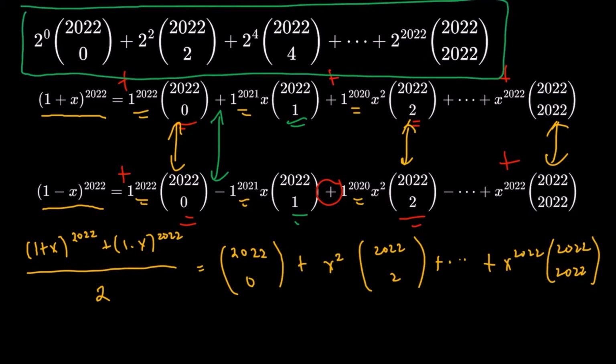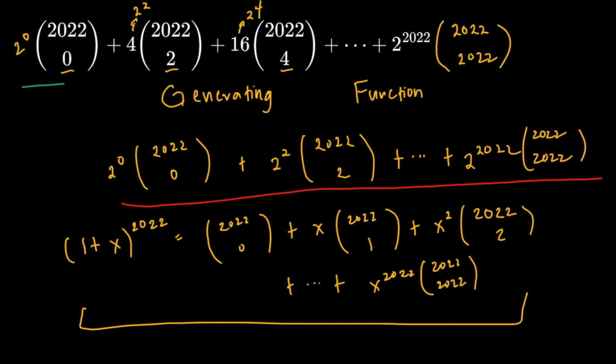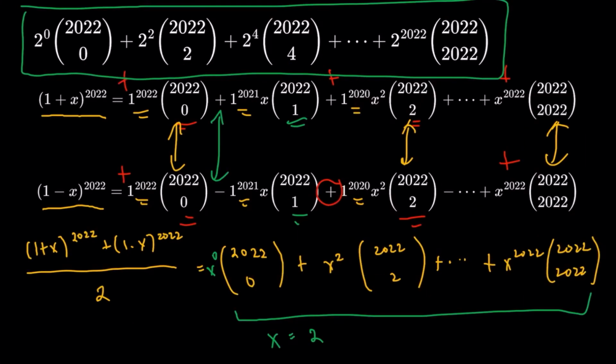We just altered it to have a pattern here. And compare this one with this. Essentially, I could just add an x raised to 0 in the front here. So compare these two. Essentially, they are the same. It's just that x will have to be equal to 2. So what we have to do is simply evaluate this at x equals 2, because from the start we wrote the given sum to be something different, just to have more of a pattern here.